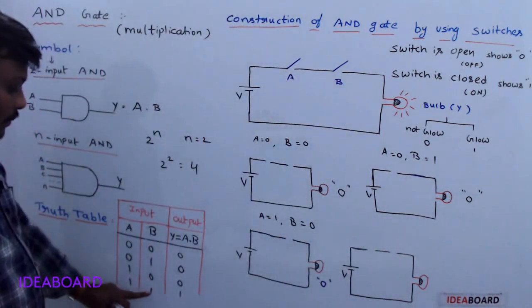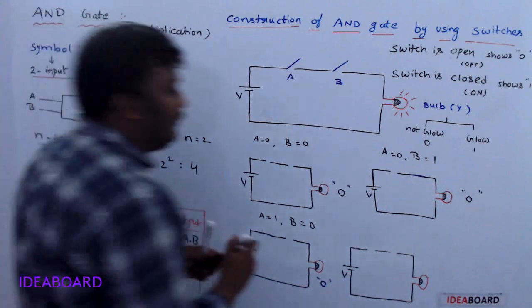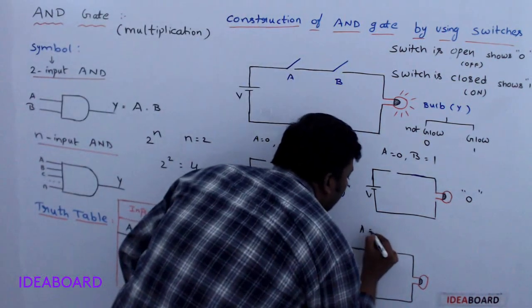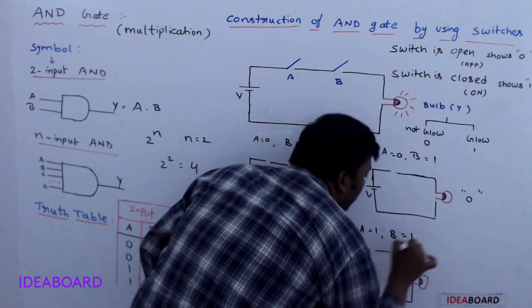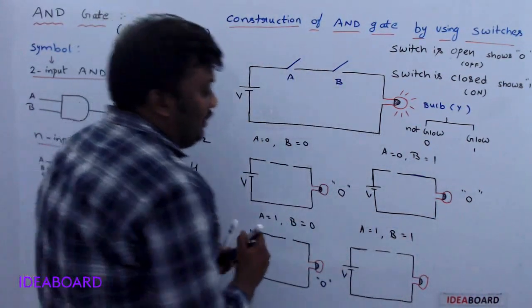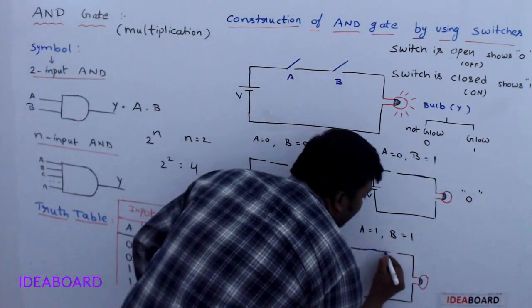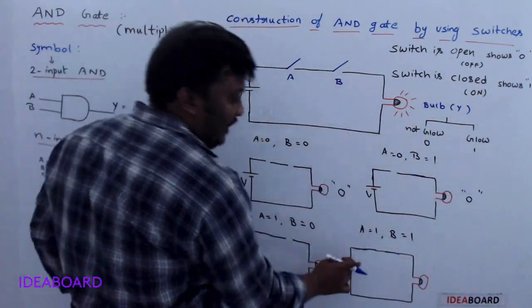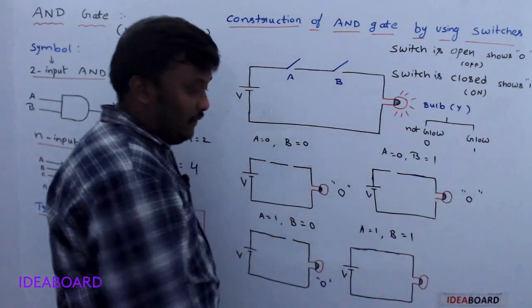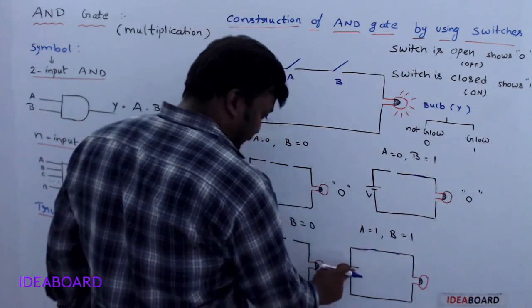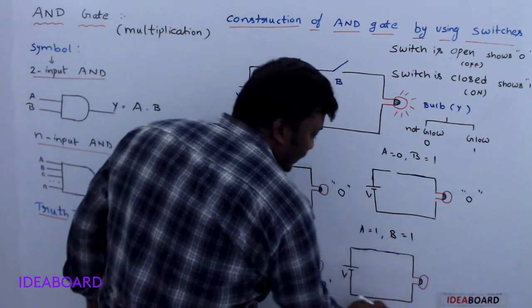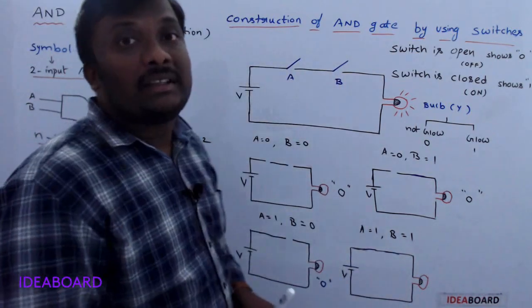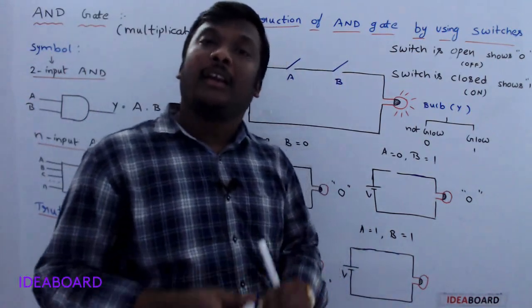Let us see the fourth one. A is 1, B is 1. If A is equal to 1 and B is equal to 1, then both switches are closed. A closed, B closed. Whenever both switches are closed, the circuit is completed. When the circuit is completed, the bulb will glow.